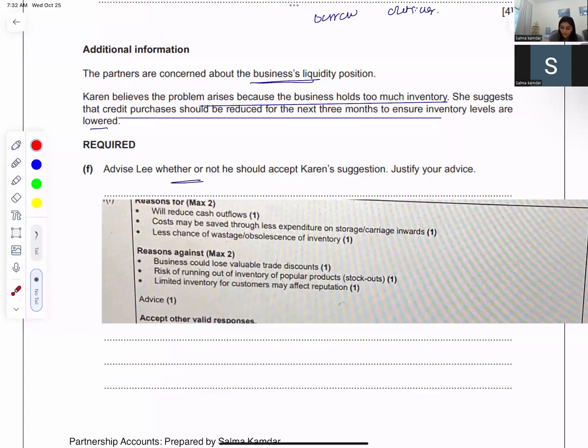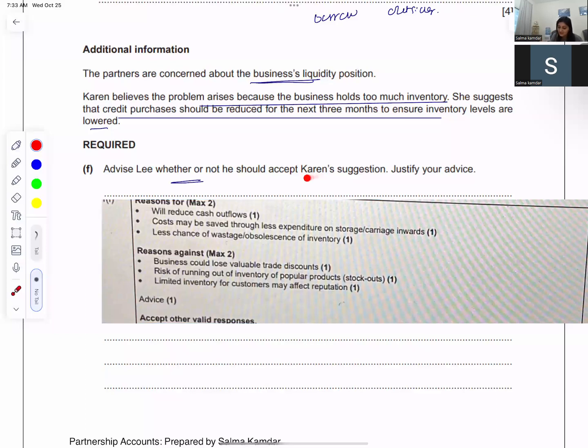But if I lower my inventory level, it is possible that I lose out on trade discount. And if I have additional orders, I might run out of inventory of the popular products. Limited inventory may also affect my reputation because I do not have much to display.